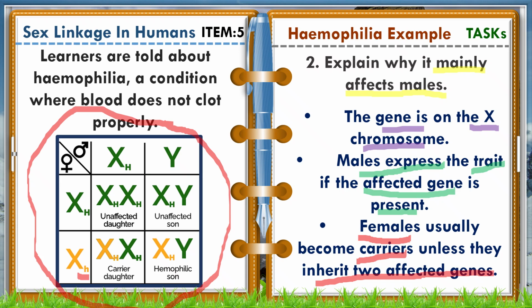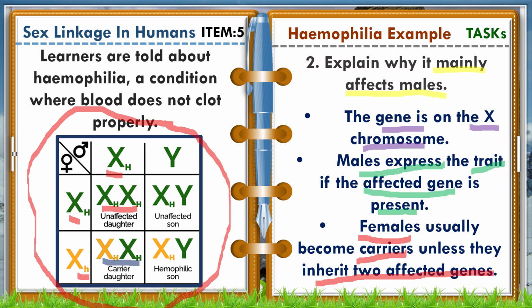So when you look at the crosses, this one and this one will give us a normal girl. If it is this one and this one, they are going to give us a girl who is a carrier.